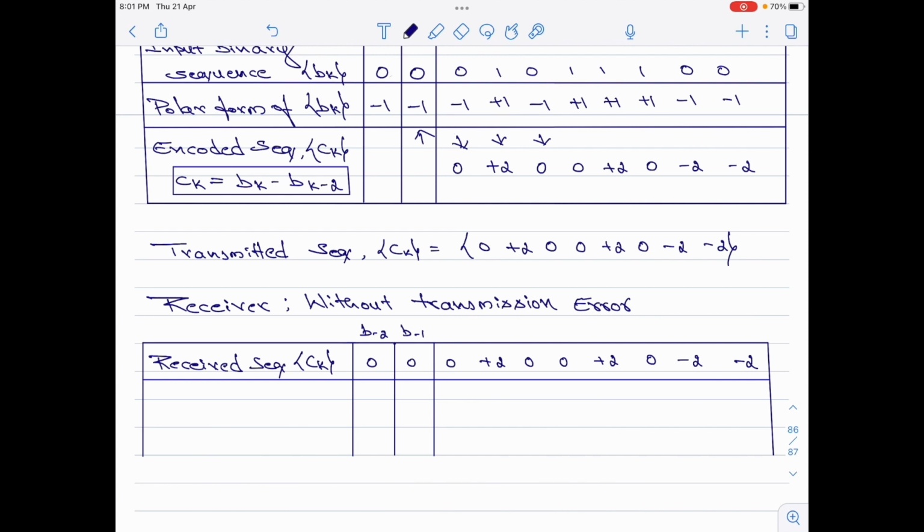So, I will get BK cap equal to CK plus BK minus 2. However, please note, when I use this equation, I will obtain the decoded sequence in the polar form. So, I will write here polar form of BK cap is, so equation is BK cap is equal to CK plus BK minus 2.